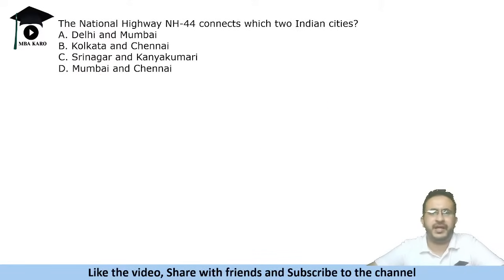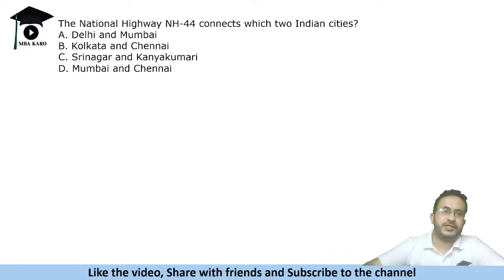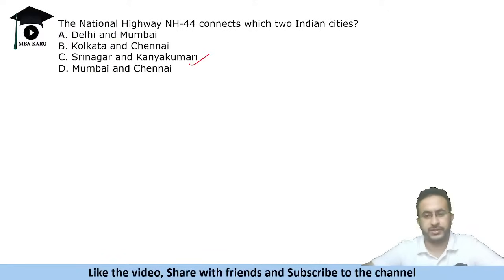The Indian highway NH44 connects which two Indian cities? NH44 is a very important highway. Srinagar and Kanyakumari is the right answer, the longest highway running north to south.